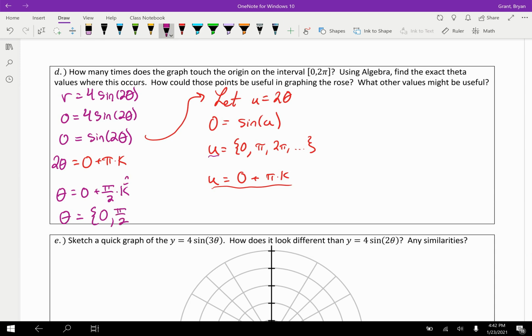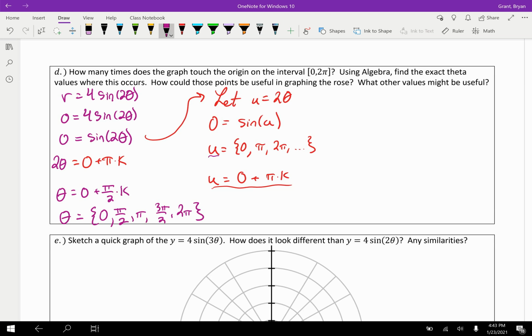When k is 2, pi over 2, those cancel, and we get 0 plus pi, which is pi, and hopefully from here we can see the pattern. We're just adding pi over 2 every time, which is what we set up above. So this is going to be 3 pi over 2, and then 2 pi. Great. We found that when theta is those 5 values, our graph will come back and touch the origin.